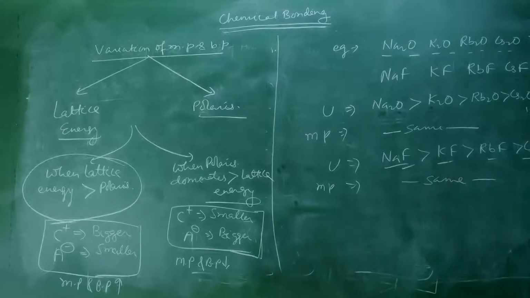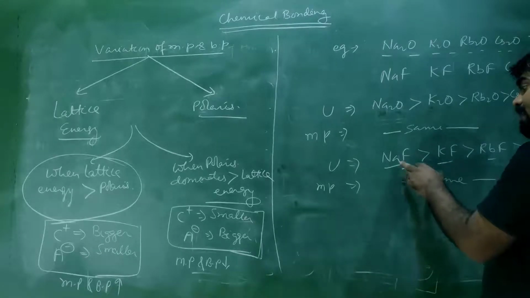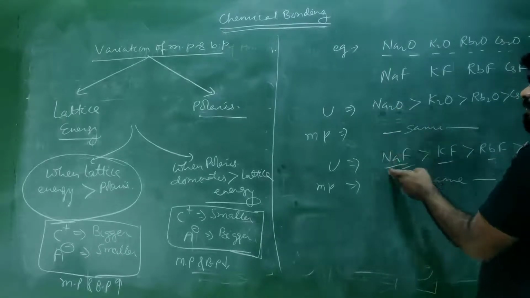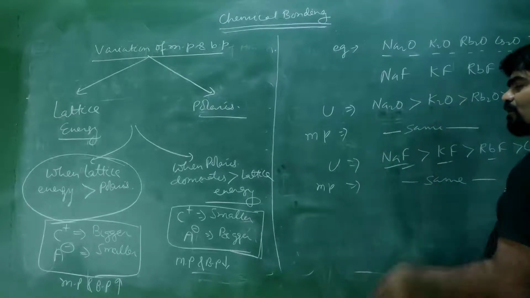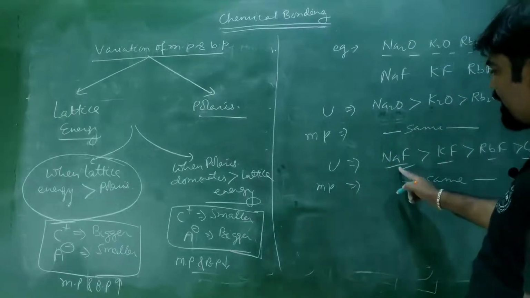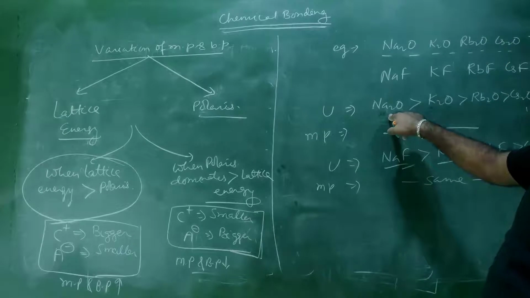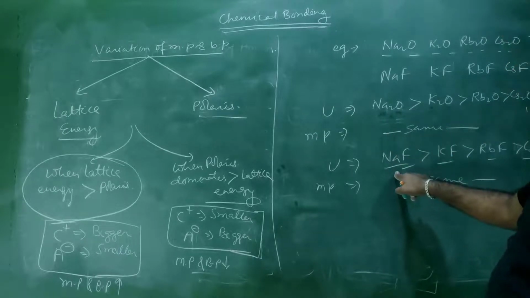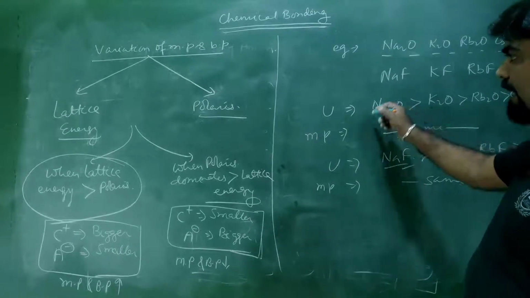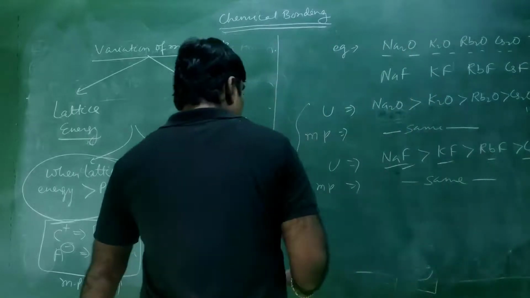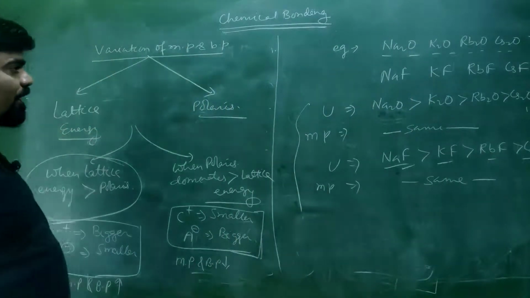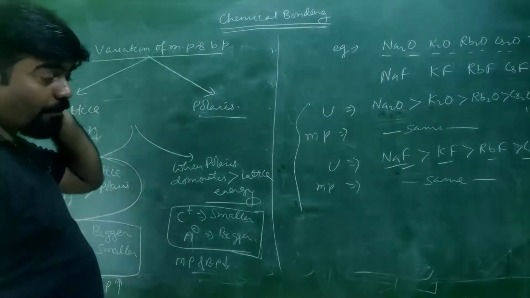If we compare these two, Na2O will have a higher melting point than NaF, because the product of charge in this case is more and in this case is less. Like that we can explain melting point and boiling point variations in ionic compounds.